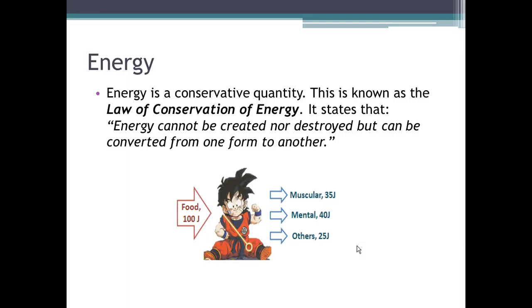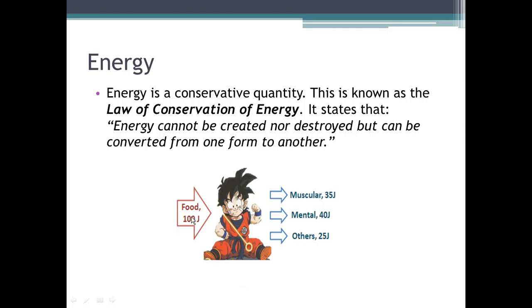So, for example, when Gohan here eats an amount of food, and food is converted in the form of energy by the process of digestion, the amount of energy equivalent to the amount of food is transferred to bodily functions such as muscular functions, mental functions, and other bodily functions.